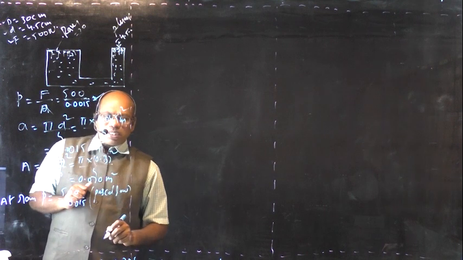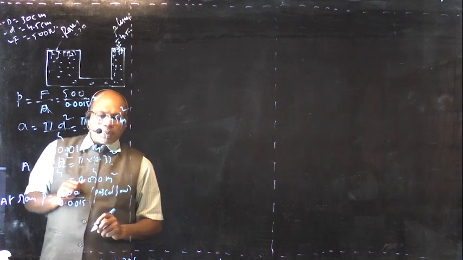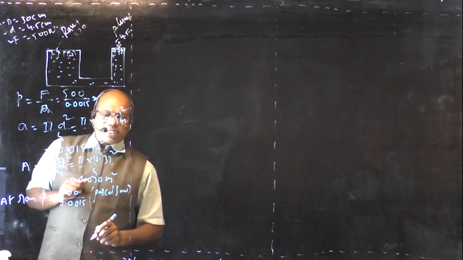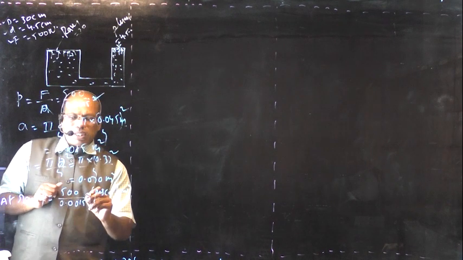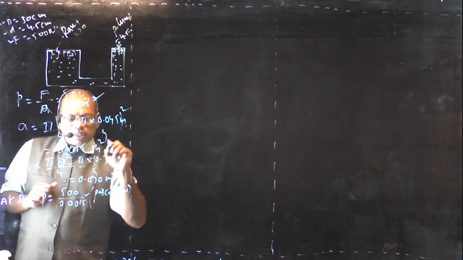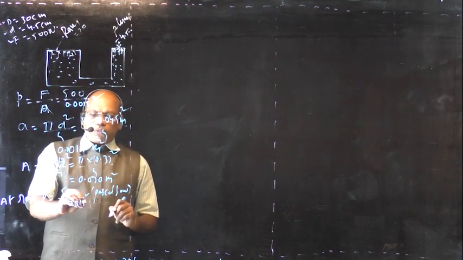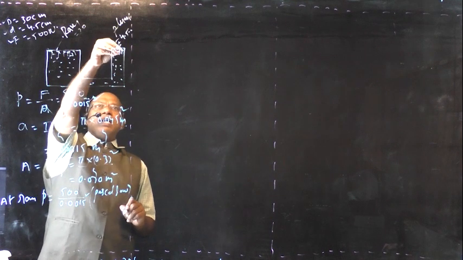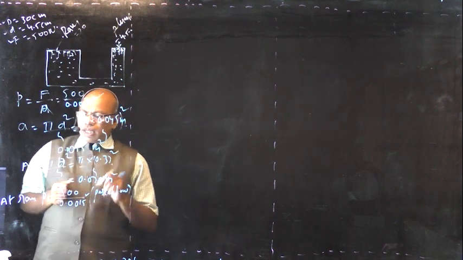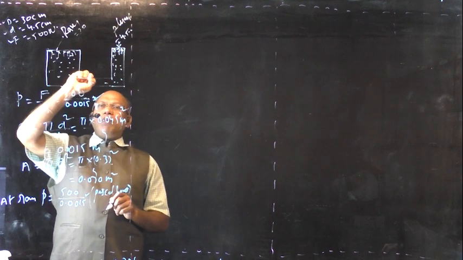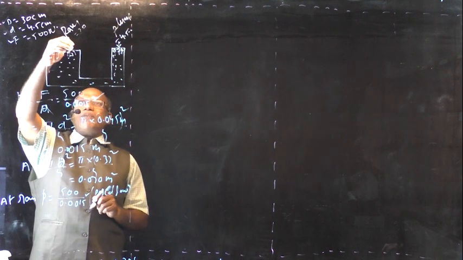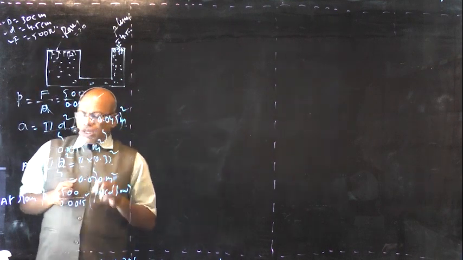Pascal's law states that at a point the pressure intensity is equal in all directions if the fluid is static. Based on that statement, the pressure intensity at the ram is equal to 500 divided by 0.0015, the same as the pressure intensity at the plunger. But as per the given problem, we need to determine the weight lifted at the ram.